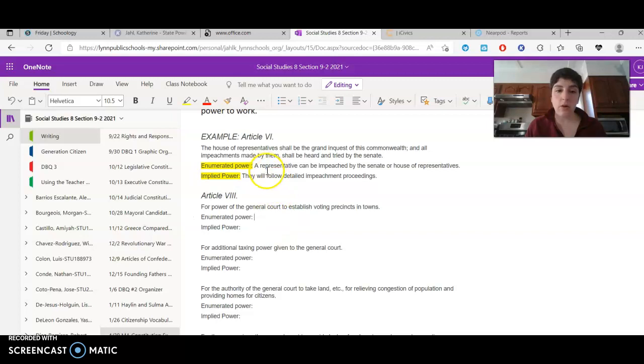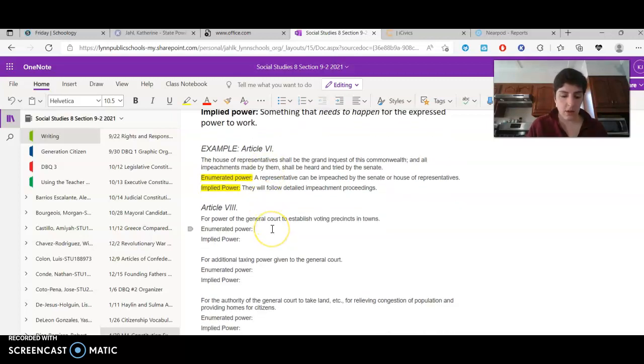The enumerated power, the one that is written down, means where people vote is determined by the courts. Done. I just basically rewrote what is here. Implied power is the thing that has to be done in order for this to work. So now we're going to make it up.